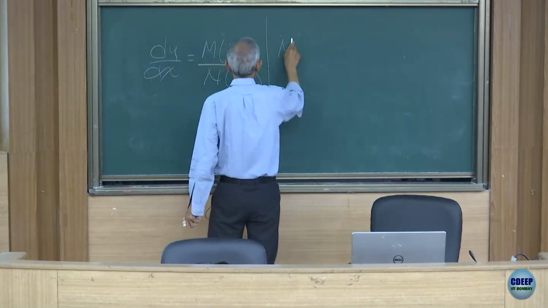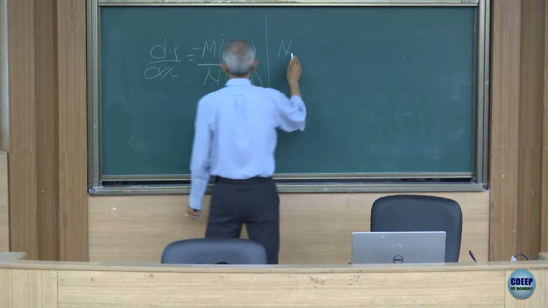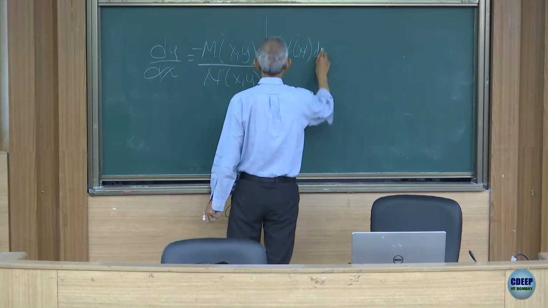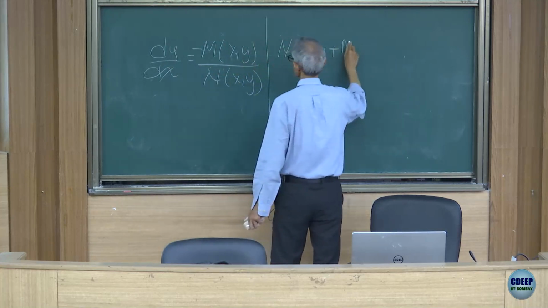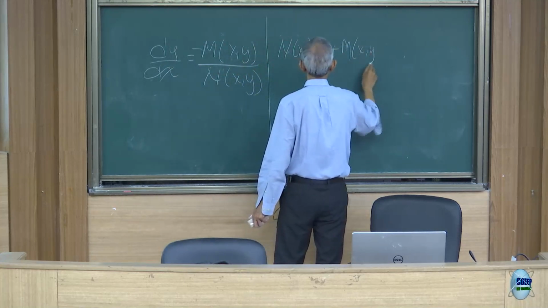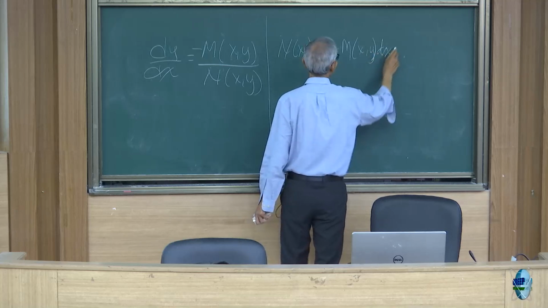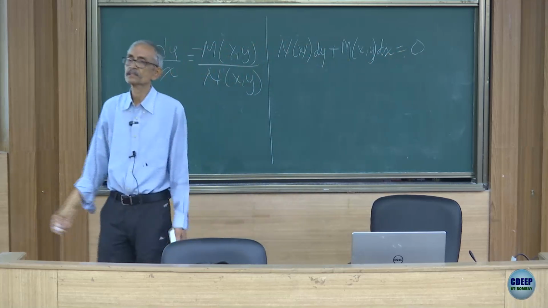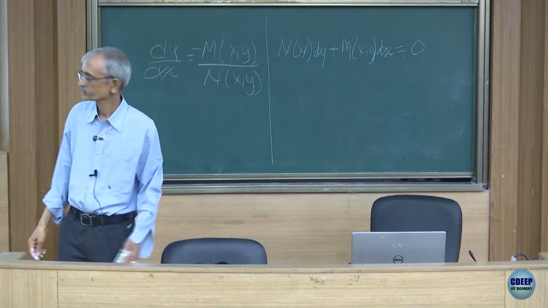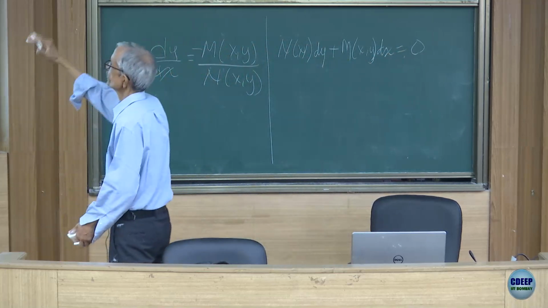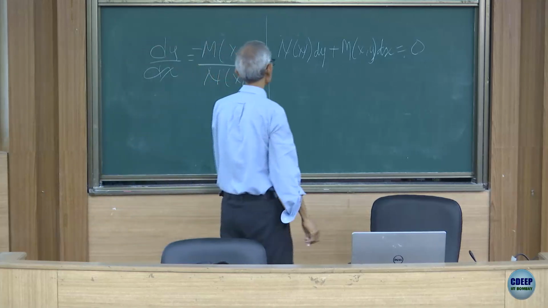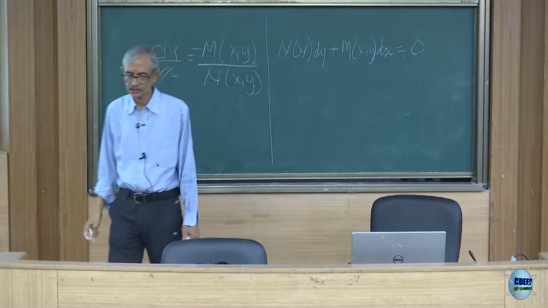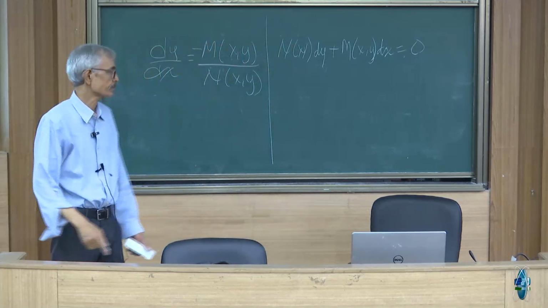So I'll write this as minus n(x,y) dy plus m(x,y) dx is equal to 0. So this is my equation. So dy/dx is minus of m by n. M and n are functional representations which are going to be given to us.